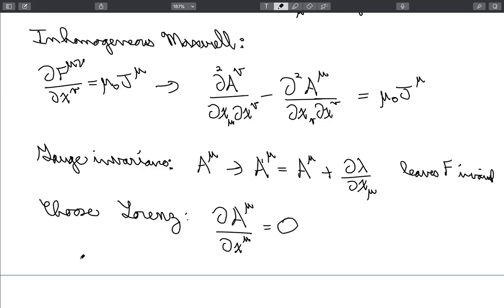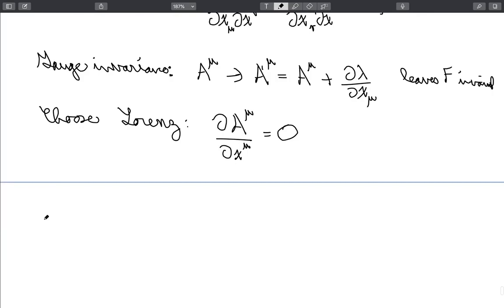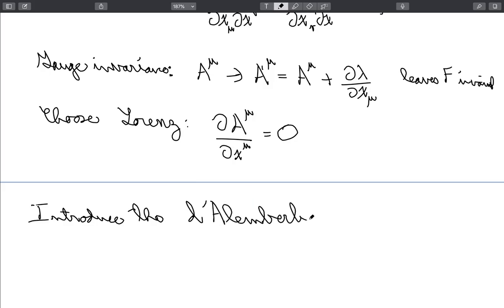Okay, so if we introduce a notation, an object that's called the D'Alembertian operator. This is denoted by a square, and by definition, what is it?